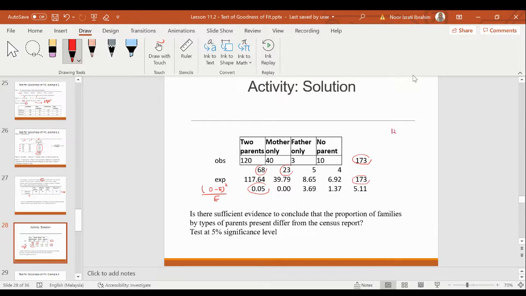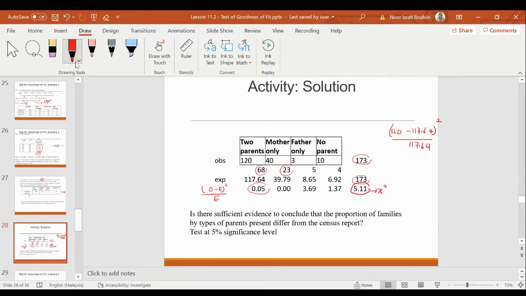It will be 120 minus 117.64 squared over 117.64. Okay, 0.047, yeah, 0.05. So you total them up. This is the chi-square value, the test statistic value.